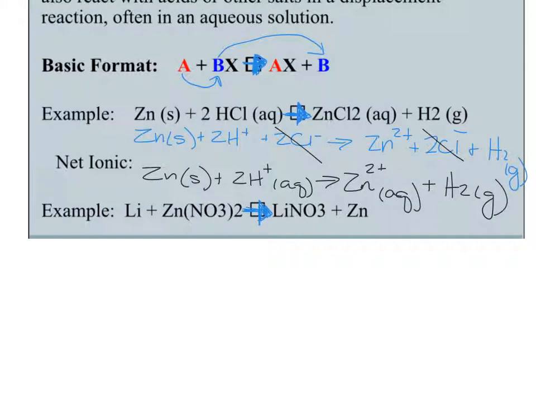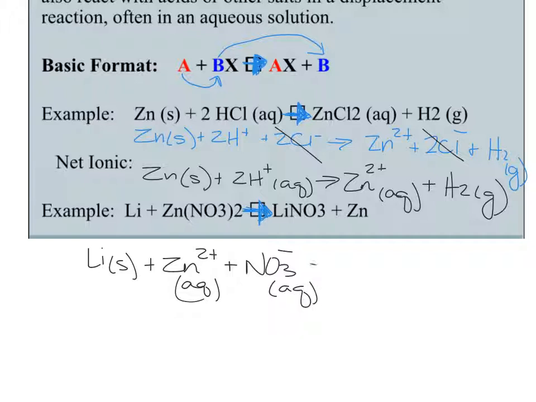Let me do this other example down here. So we have lithium and zinc nitrate. Lithium pushes out the zinc. So again, we've got lithium solid plus Zn2 plus NO3 minus, and this is aqueous, yielding Li plus aqueous plus NO3 minus aqueous. And we need a 2 here.